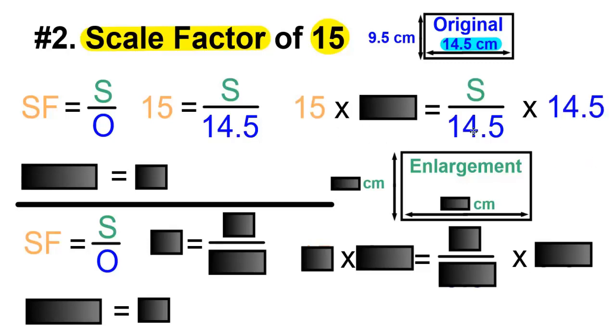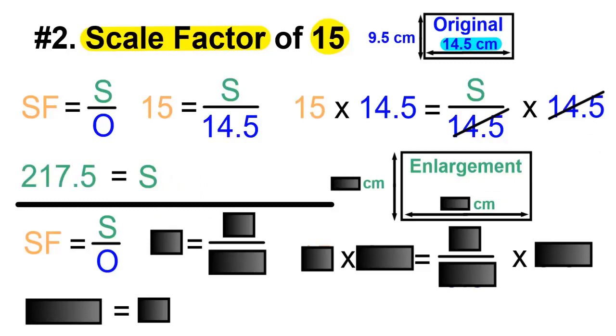Again, this means you multiply the right-hand side by 14.5, so the left-hand side will also be multiplied by 14.5. Divide by 14.5 and multiply by 14.5 cancel, leaving us with s. And 15 times 14.5 gives us a value of 217.5. Now remember, we're going to round our answers to the nearest centimeter. So the 7 will round up to an 8, and this gives us a value of 218 centimeters.